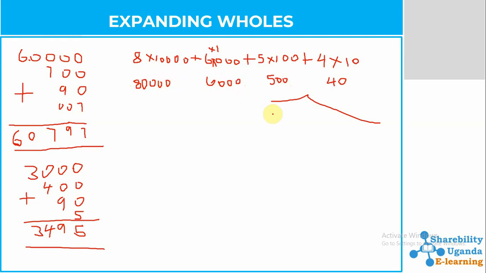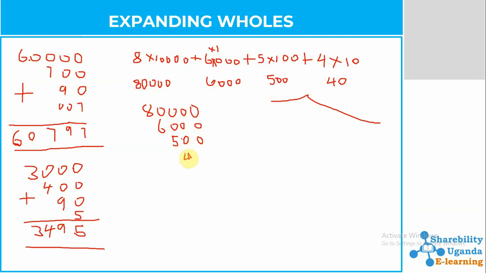Is that right? So to get a short form of this one, we can now just add, because here we have our 40. We just say our 80,000, 6,000, these are 3 zeros, times our 500. Be able to arrange them in that form. 500.